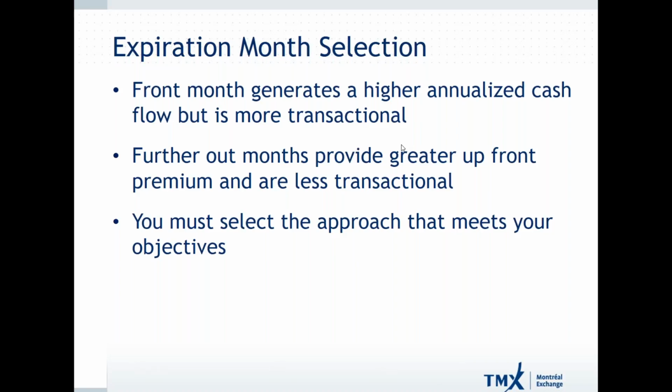Now, one important consideration is that if you are selling options and they expire worthless, you're only actually paying a commission when you sell the option. When it expires worthless, there are no commissions. It just expires worthless, and there's no transaction that takes place.